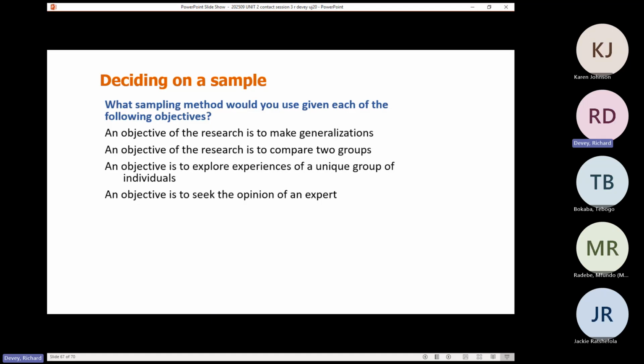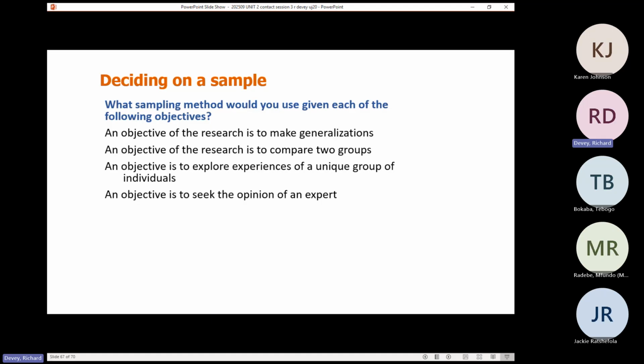Because that speaks to this idea that although we make the argument that you can only generalize from big quantitative studies with probability samples, it might also be possible to generalize from case studies, which are usually more qualitative in form.